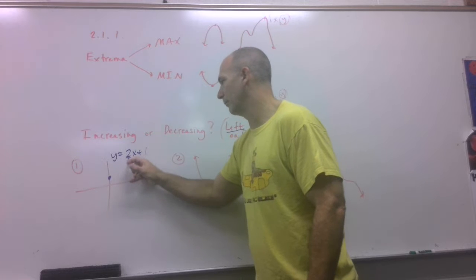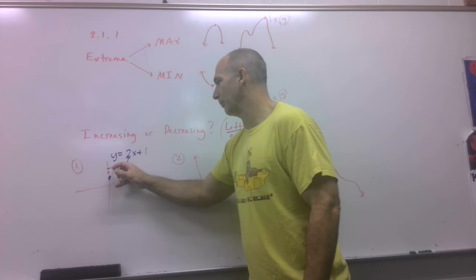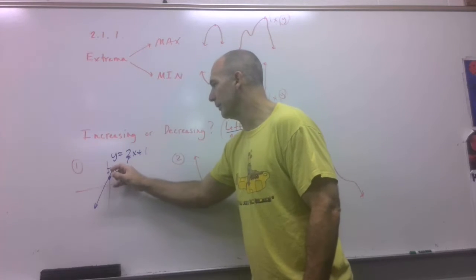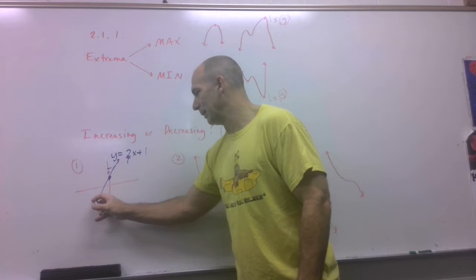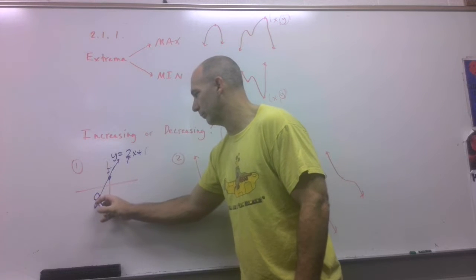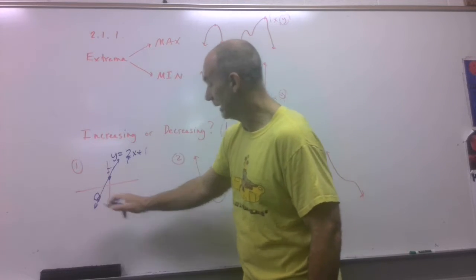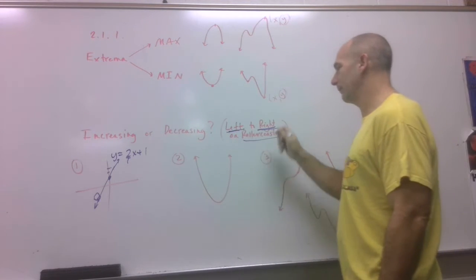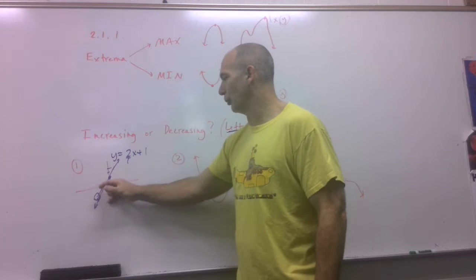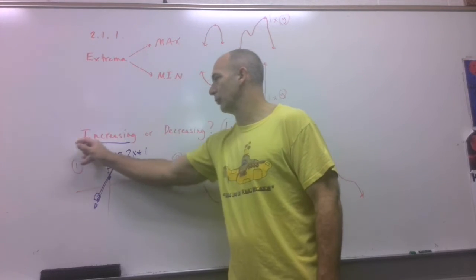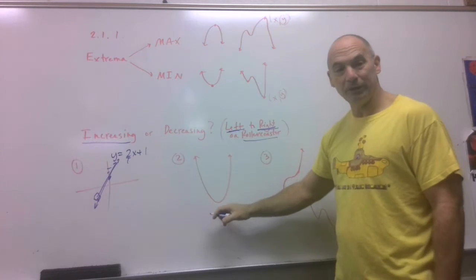Y-intercept is 1. Slope is up 2, right 1. There it is. Well, if I'm on a little roller coaster for the whole thing here, and I'm moving left to right, my journey is going to be up. That's increasing.